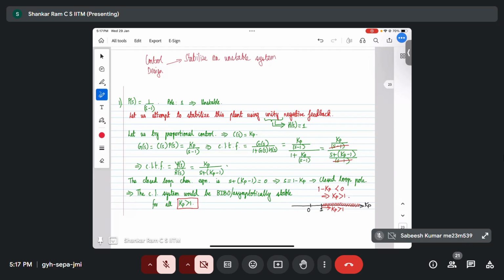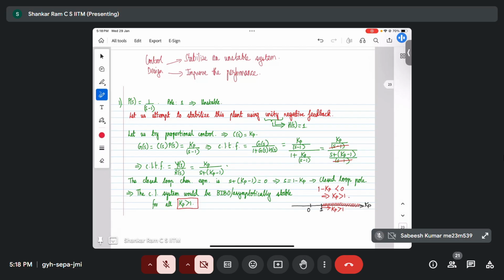Or we have a stable system, but we want to improve its performance. Broadly, these are the two situations where we design controllers.